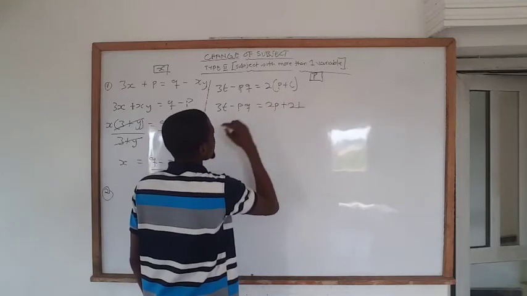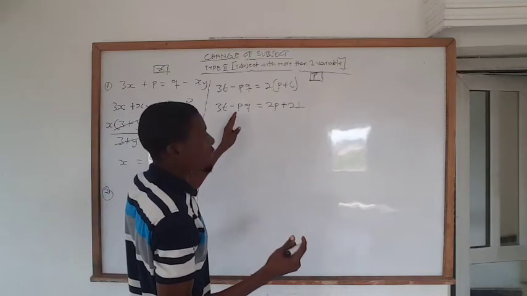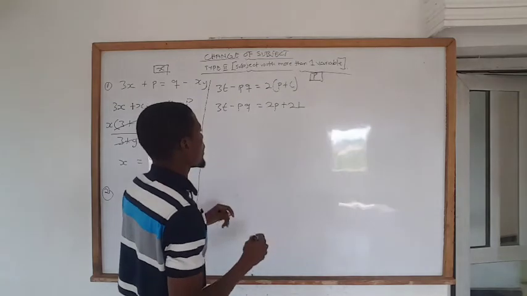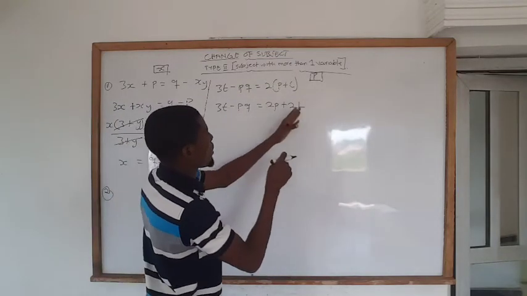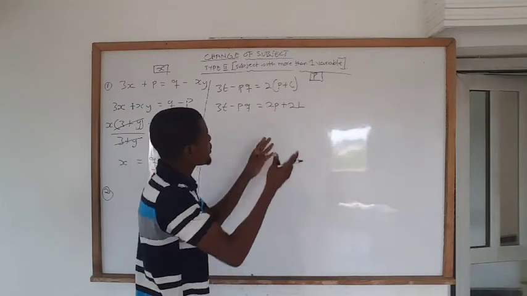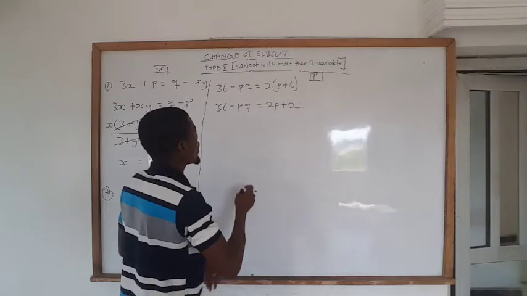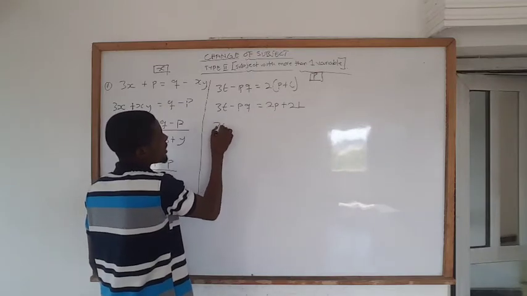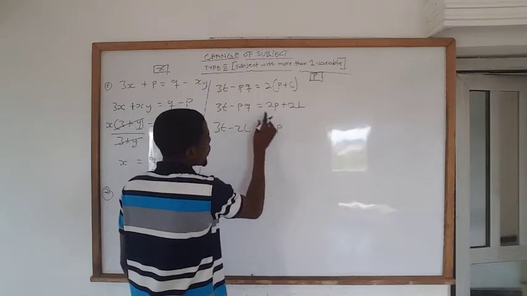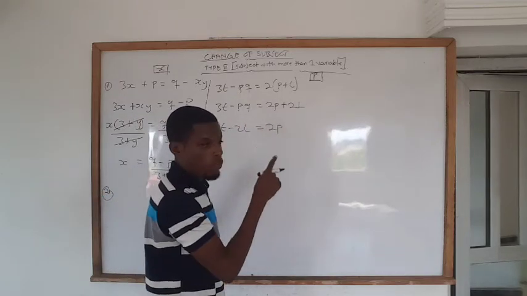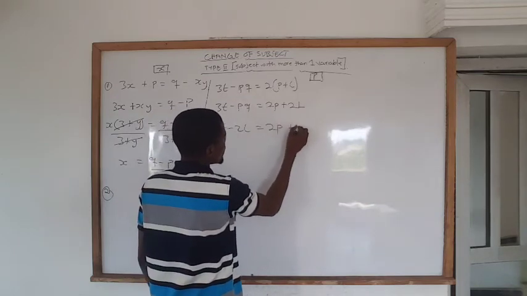And then now I group like terms, right? All the ones that contain the p, I group them at one side. This time I prefer to send all the p here so that I'll get a positive number. It doesn't mean when you bring it here, you get a negative number though, but it's still the same. So we have 3t, then bring minus 2l, equals 2p. I'm grouping the p's because that is where my focus is, don't forget. So this negative pq, when it goes here, will be plus pq.